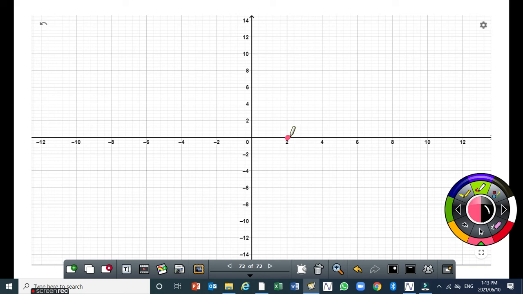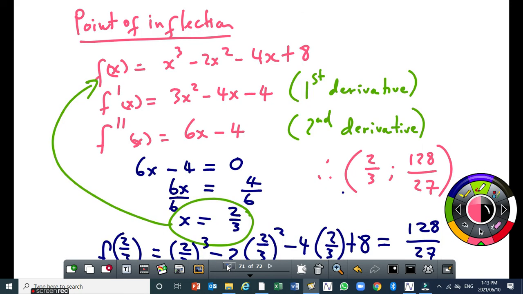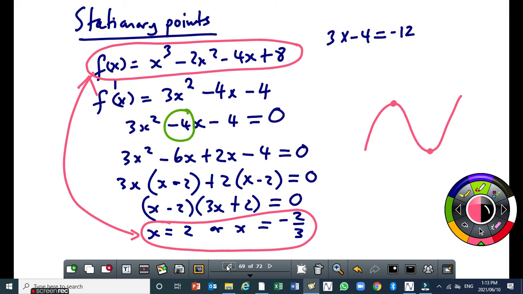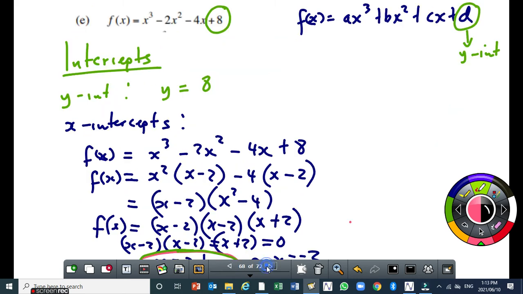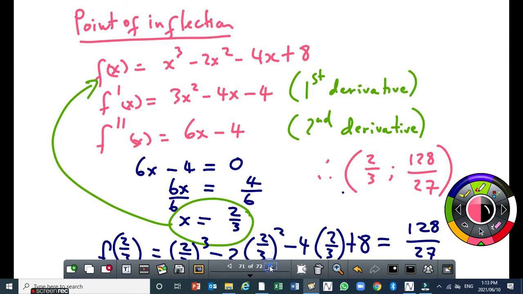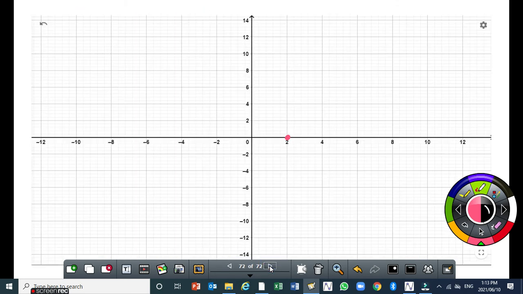Then we've also found, we go back just to check, x equal to 2, then minus 2. Right? So minus 2 is here. That's where the other x-intercept is.